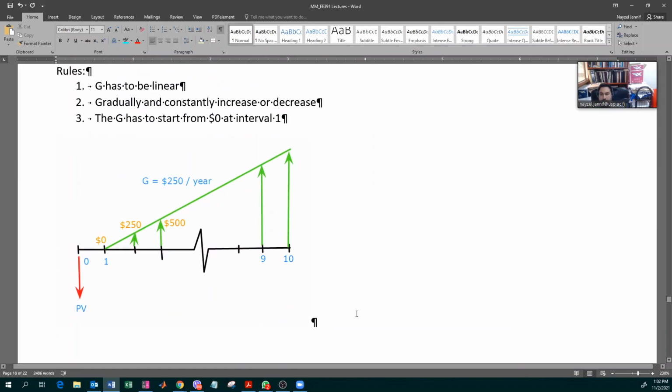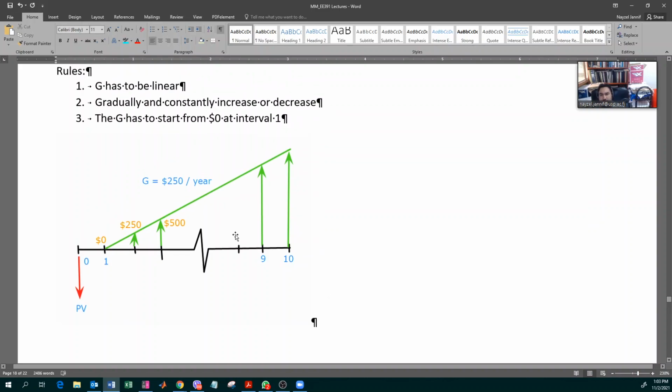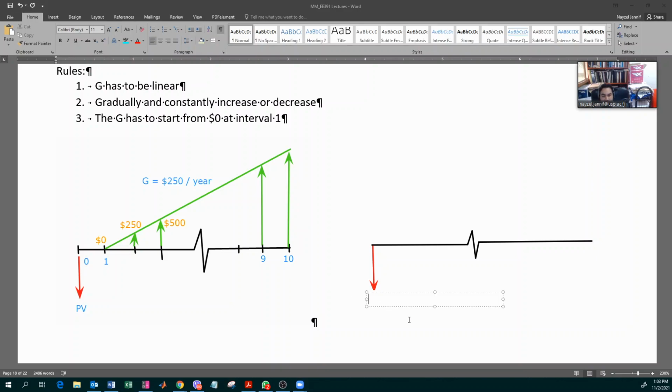Now, there's another way of doing this. What we usually do is another particular concept, and let me just draw this out. We convert this arithmetic gradient into an annuity. So let me show you.